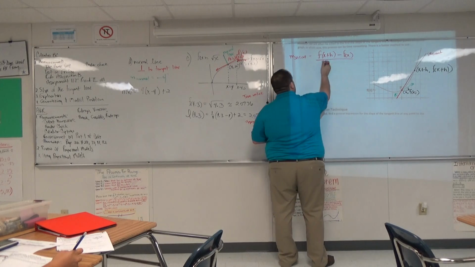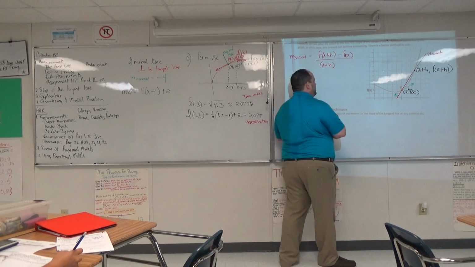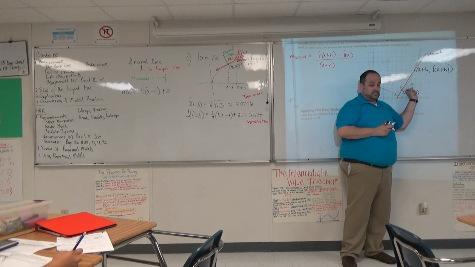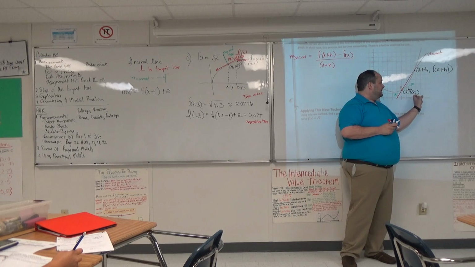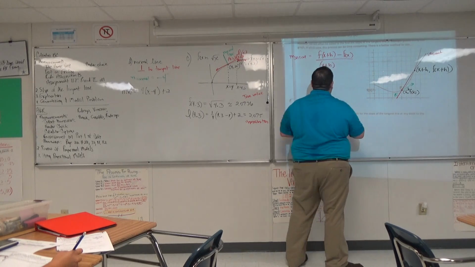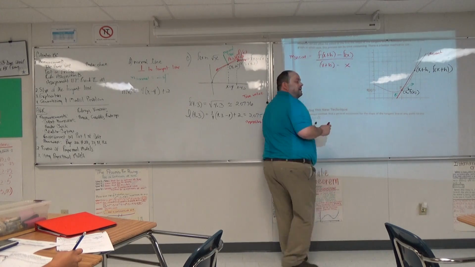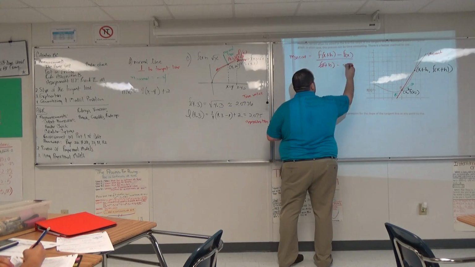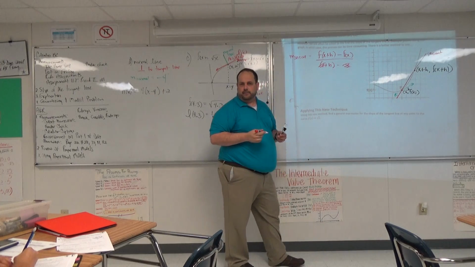I want to make it really obvious why it's over h, because if I'm thinking slope, I'm thinking change in y divided by change in x. F of x plus h minus f of x, divided by x plus h minus x. You said just h, and you're right, because that x and that x cancel each other out.